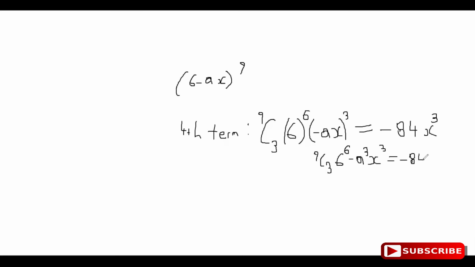If you put the negative sign behind the 9 choose 3, it'll look confusing. When you put it in a calculator, bracket it.